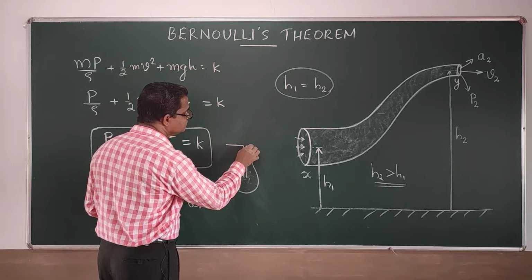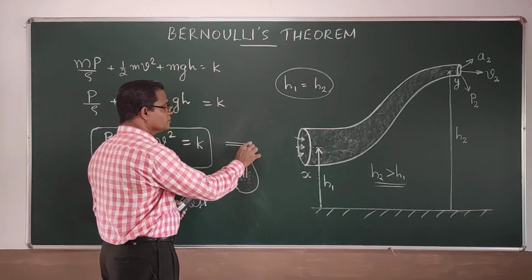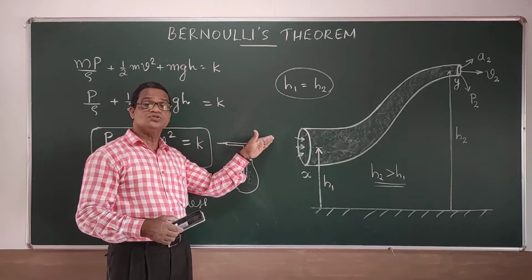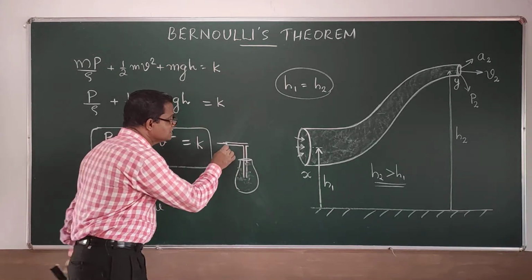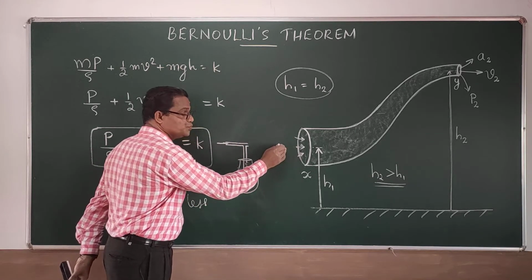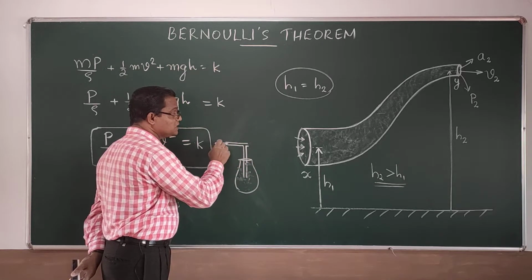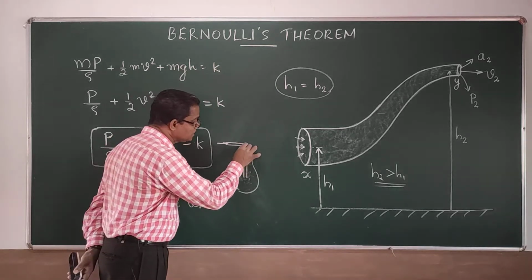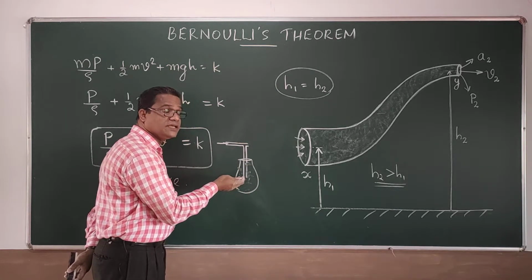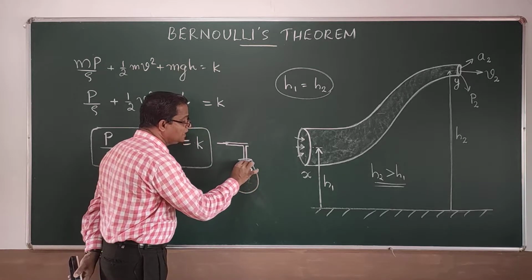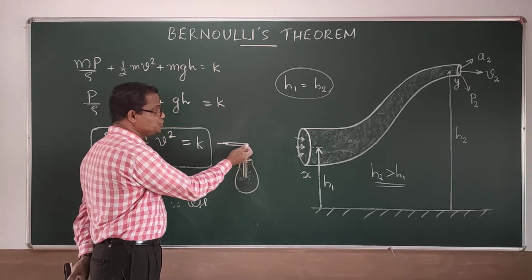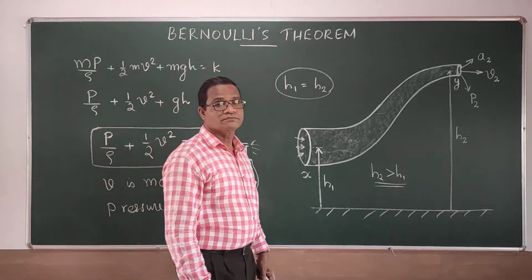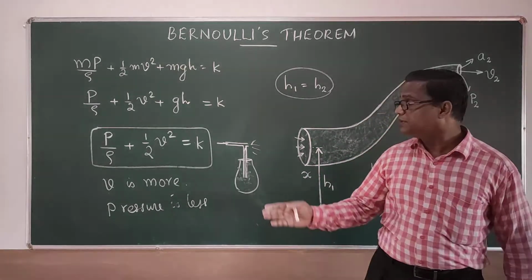You blow air into this horizontal tube, and as the air gushes through with greater speed, the pressure inside all of a sudden decreases. The pressure inside this tube decreases, and thereby the liquid rises up through the tube and comes out in the form of spray. This is an application of Bernoulli's theorem: the spray.